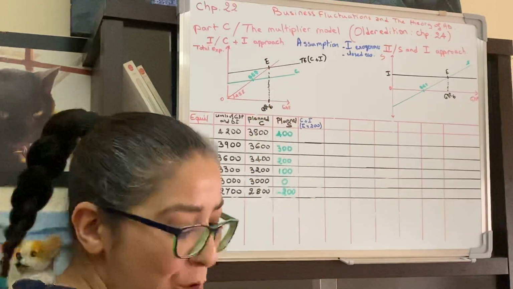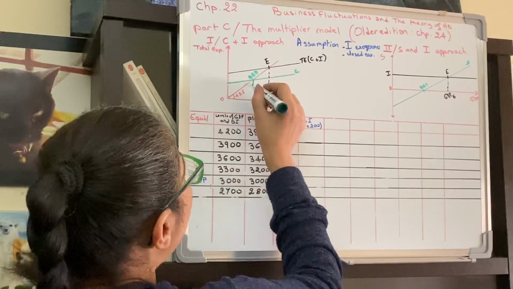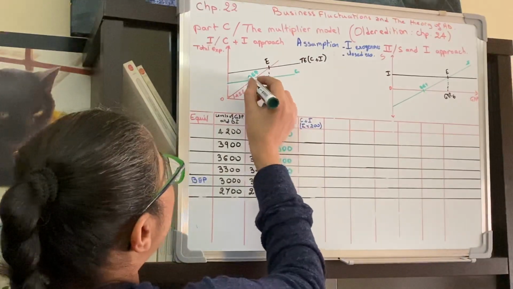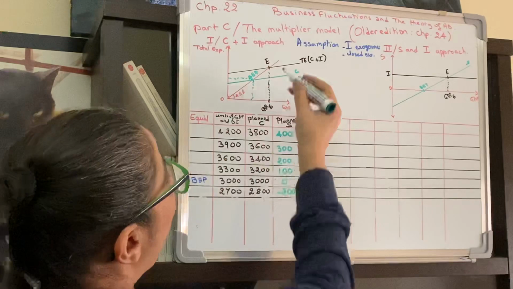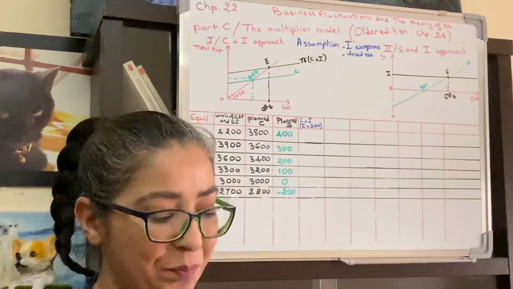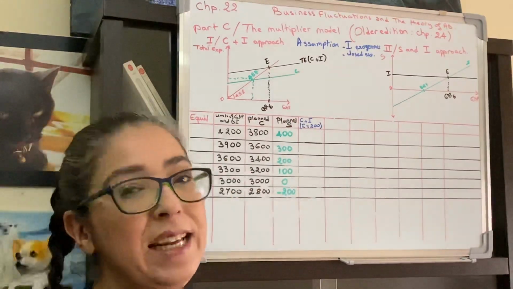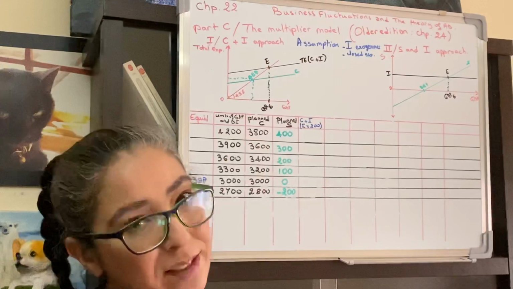My BEP would be the intersection between the C function and the 45 degrees line, where C is equal to GDP. Okay, remember that? Now we're going to add investment, but before that we're going to make some assumptions.